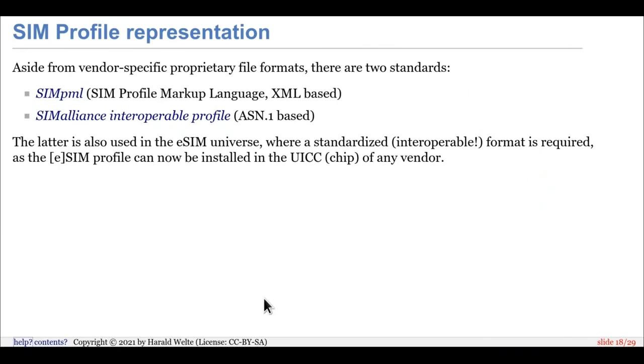And since the vendor of the chip inside your phone can be any vendor, and the operator whose eSIM profile you install can be any other vendor, there needs to be interoperability. This is not possible with vendor-specific file formats. So that's a new development.